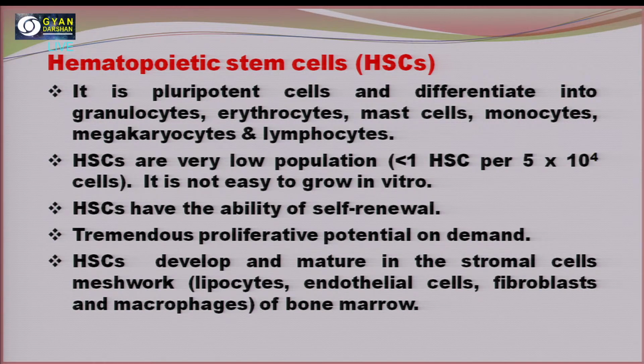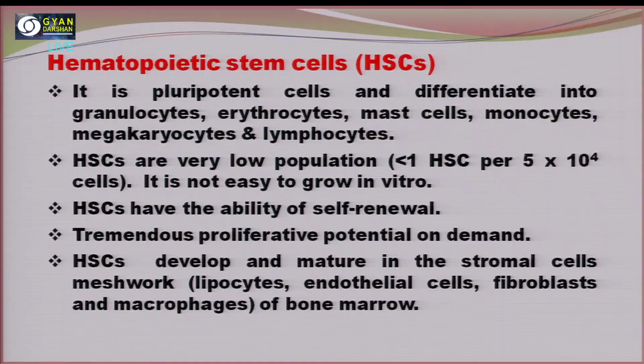HSCs have the ability of self-renewal, meaning they are able to renew themselves very well. And HSCs have tremendous proliferation potential on demand. According to demand, hematopoietic stem cells will proliferate and produce a large population of the different types of cells.